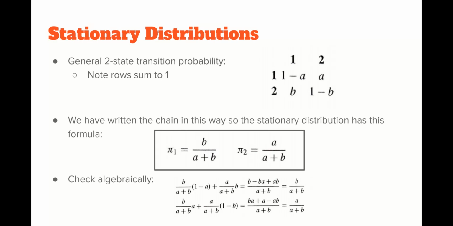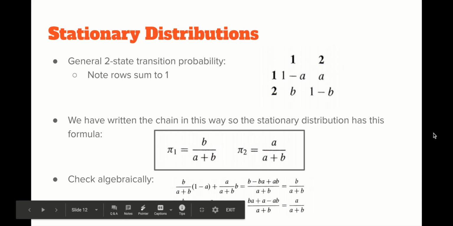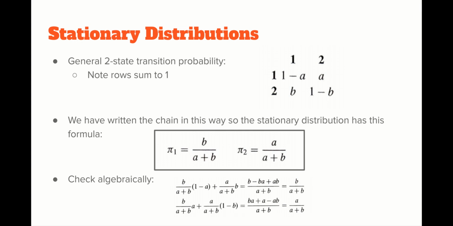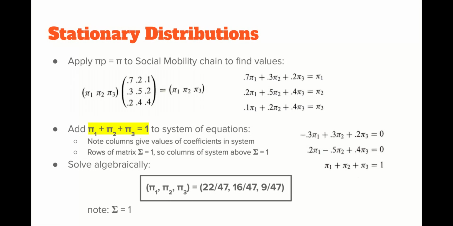These are some nice ratios that we're working with. And we can check that pi times P is equal to pi by multiplying pi 1, pi 2 by our matrix up top. The algebra below shows us that indeed pi 1, pi 2 times our matrix is equal to pi 1, pi 2.